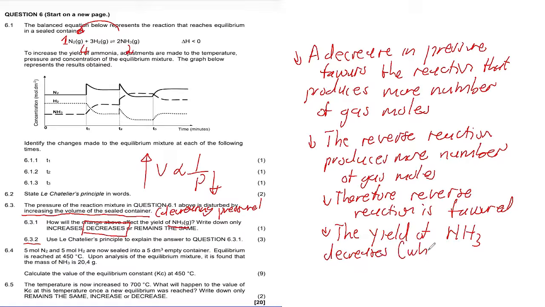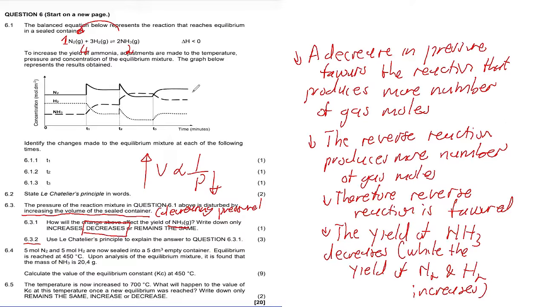Then you can add that the yield of N2 and H2 will have to increase, right? So all they wanted to know is what will happen to the yield of NH3. So you put it like that: a decrease in pressure favors the reaction that produces more number of gas moles.